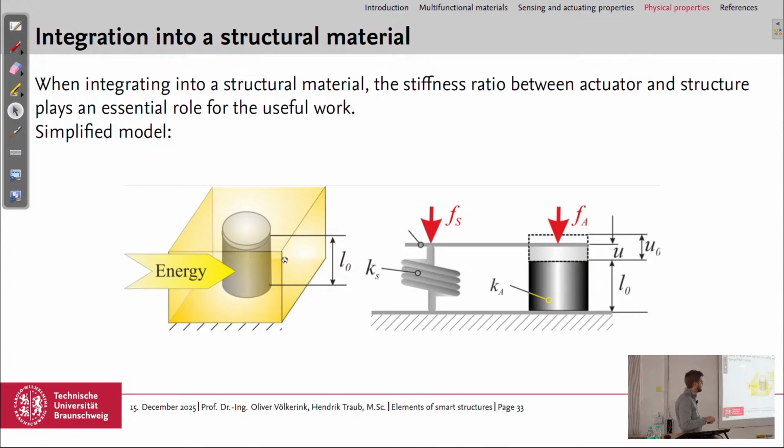A model for this is the model we already used for the transducer, for the multifunctional material, with its spring stiffness Ka. And now we have, in addition, a spring for the structure with the spring stiffness Ks, and they are connected so that they have the same displacement overall. And we have a force Fa acting on the actuator and a force Fs acting on the structure.